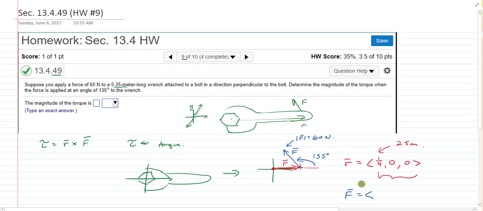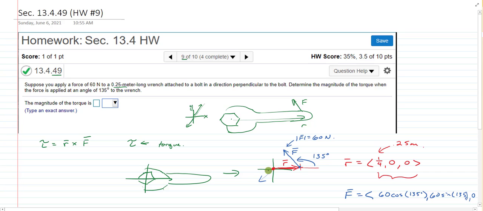So if we were to compute these component-wise, the x component we notice is going to be negative, right? So that's going to be 60 times the cosine of 135 degrees, and then we will have 60 times the sine of 135 degrees for the y component, and the z component, which, remember, for this we're thinking of the z-axis as coming this way out of the plane.